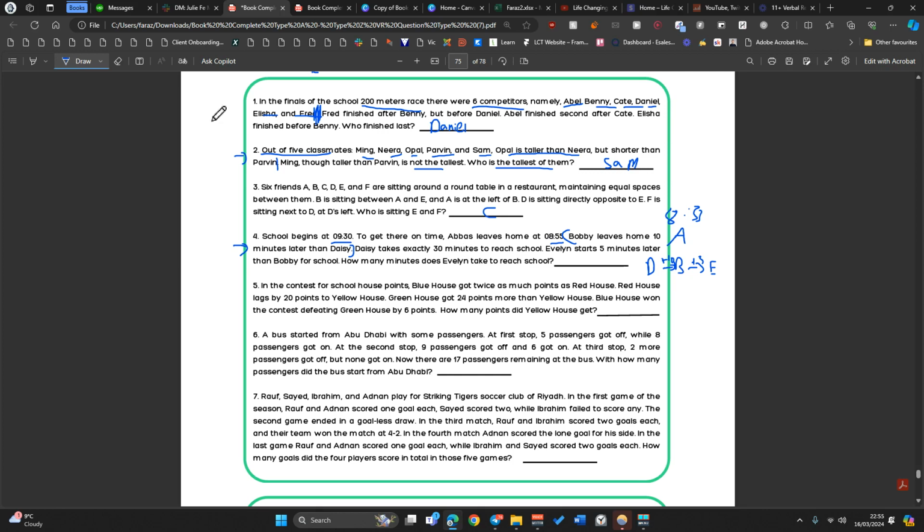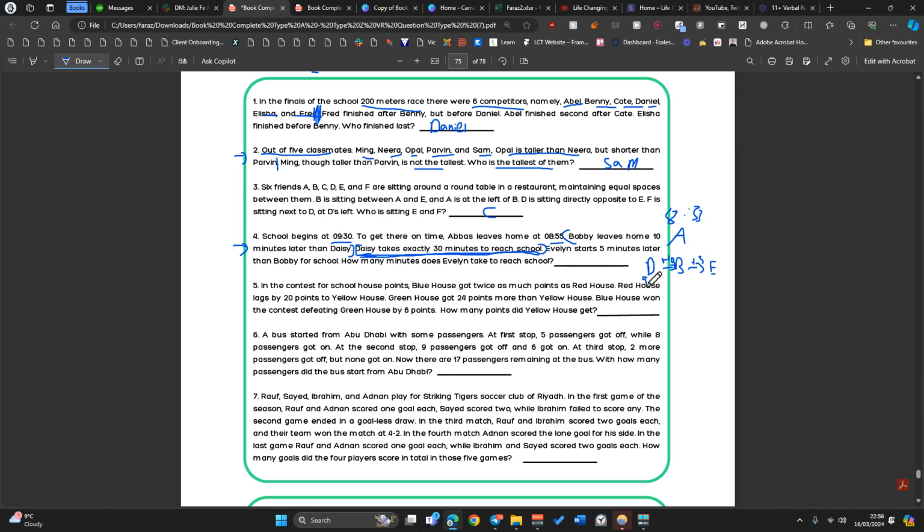Let's try and break this down even further. This means if Bobby leaves home 10 minutes later than Daisy, and Daisy takes exactly 30 minutes to reach school, so this sentence right here is giving us the information as to when Daisy left. So Daisy is leaving at 9 o'clock because she's getting there on time.